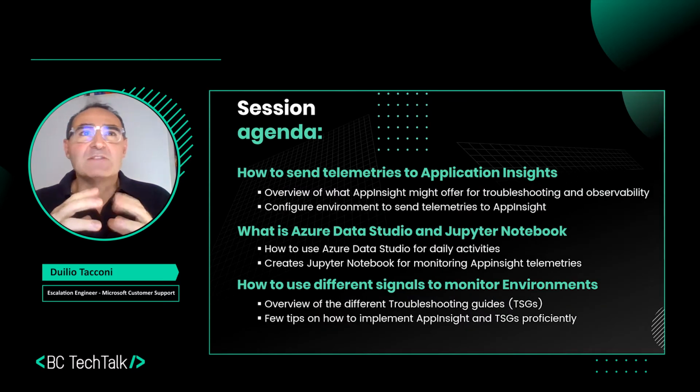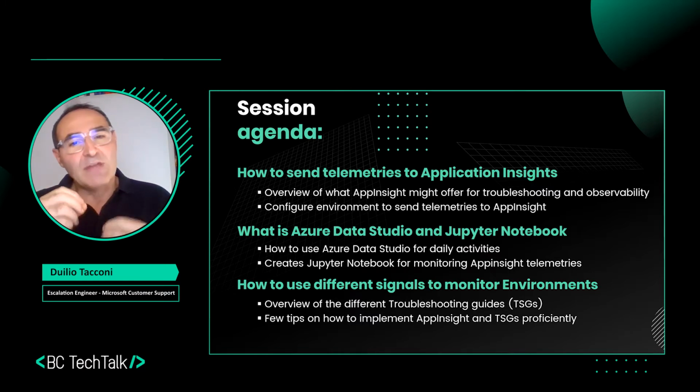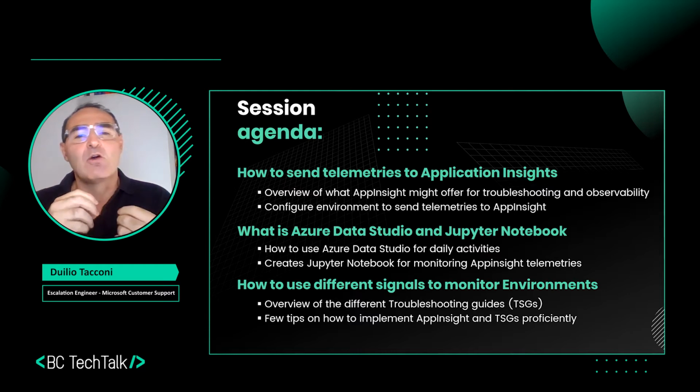Based on these ingredients, we will start with an overview of what Azure Application Insights, also known as App Insights, is, and what it might offer you out of the box in terms of troubleshooting and observability features. Then we will double check how super easy it is to configure a Dynamics 365 Business Central SaaS environment to send telemetry traces over to App Insights.